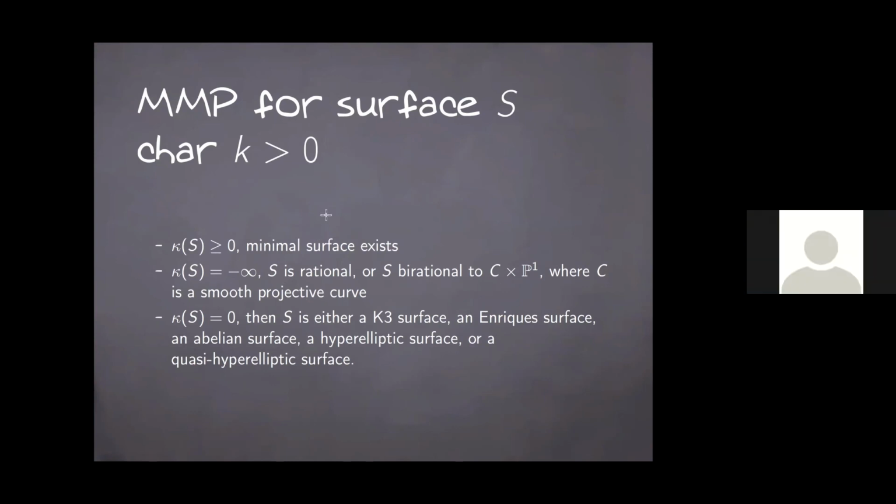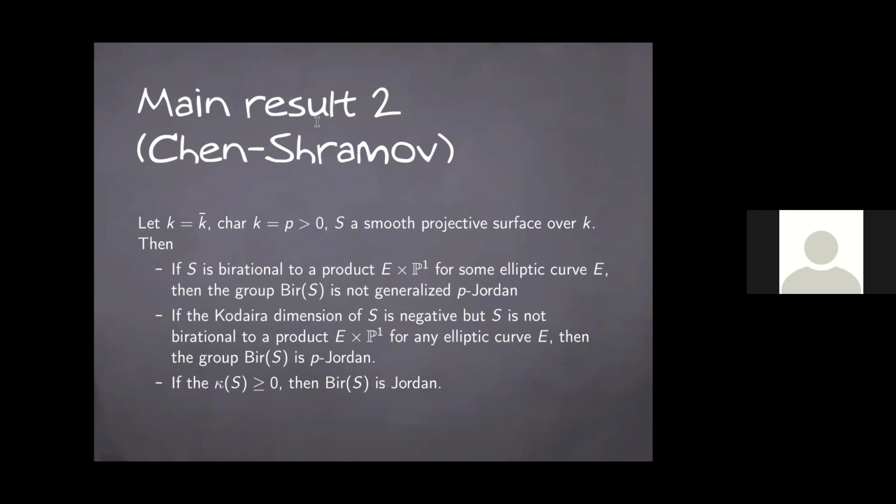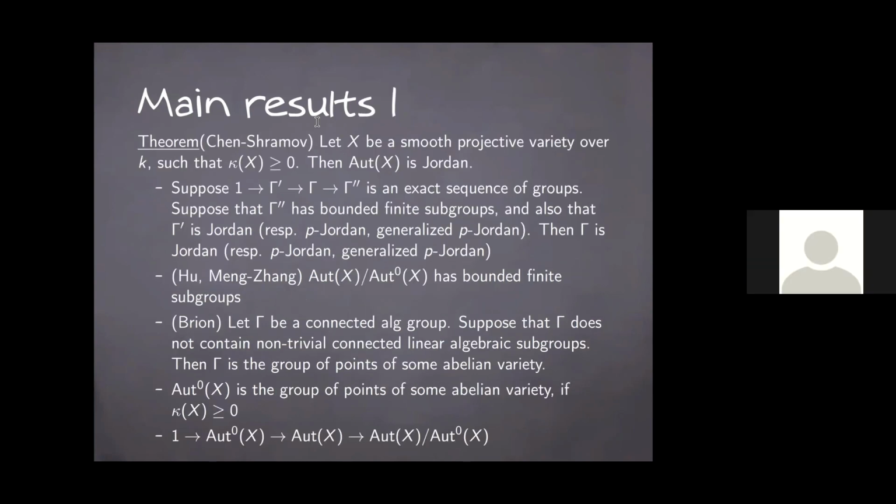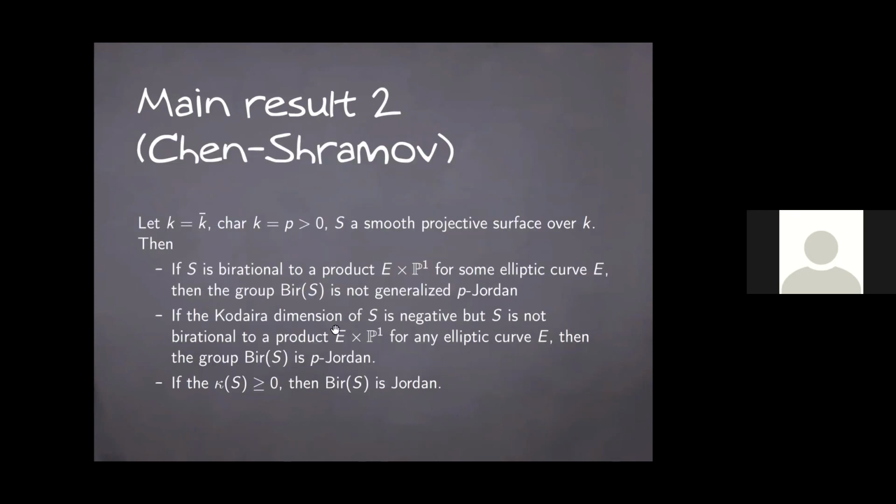Christian asks: for the previous result, you do not need to assume S is smooth? In this one? Yeah, in this one, because all the statements are birational. Oh yes, you are right. We don't need that. But then you need to use the main result, the first result, in the proof.